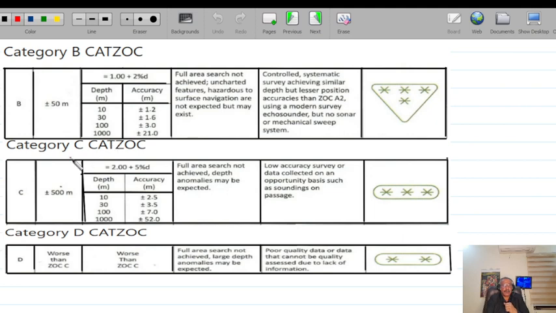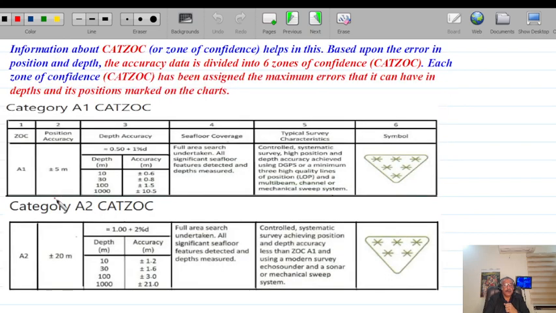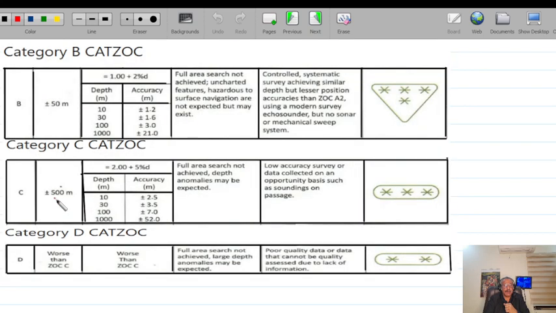Category C CATZOC, that is Charlie, and this is your position accuracy plus minus 500 meters. Going up to there, the depth accuracy is 2 plus 5% of the depth.